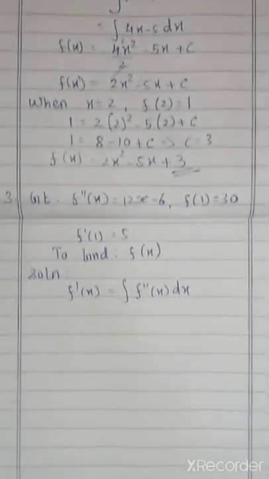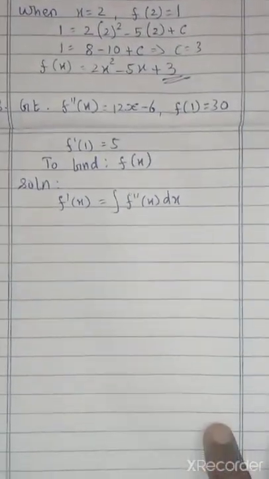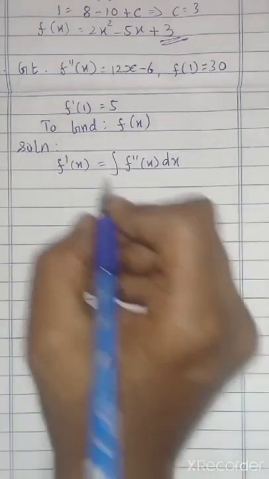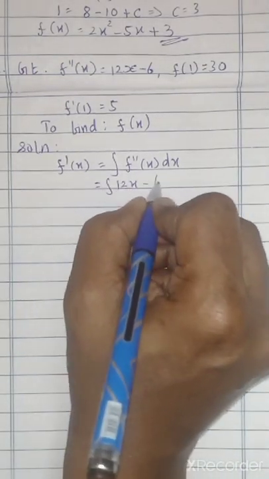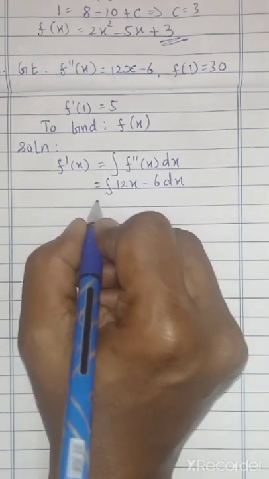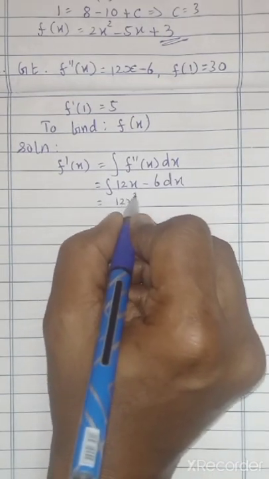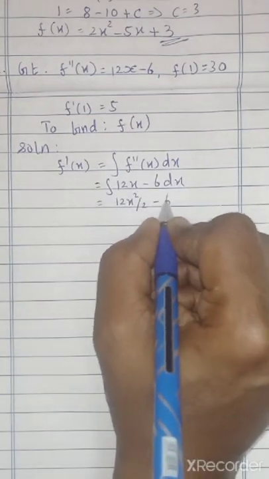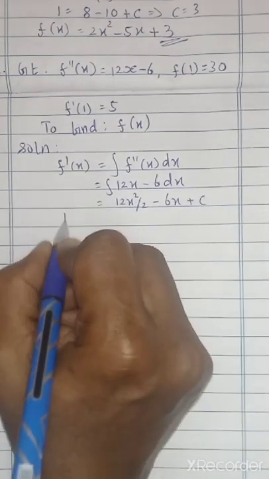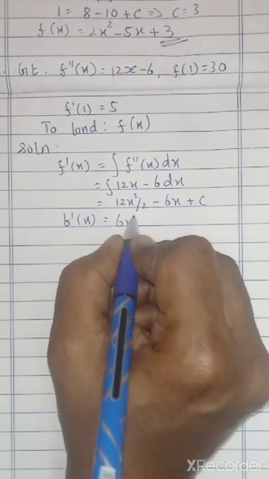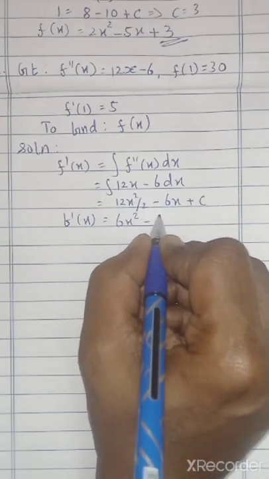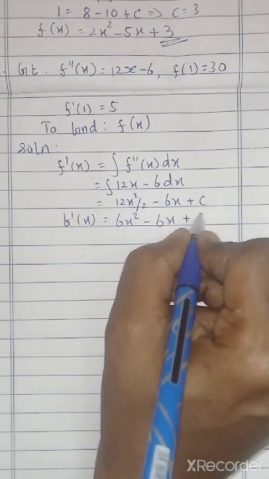So we are going to integrate f double dash of x. What is f double dash given? 12x minus 6 into dx. Integrating gives 12x squared by 2 minus 6x plus c. So your f dash of x is 6x square minus 6x plus c.